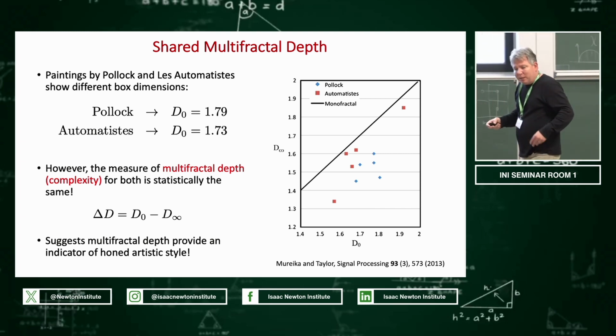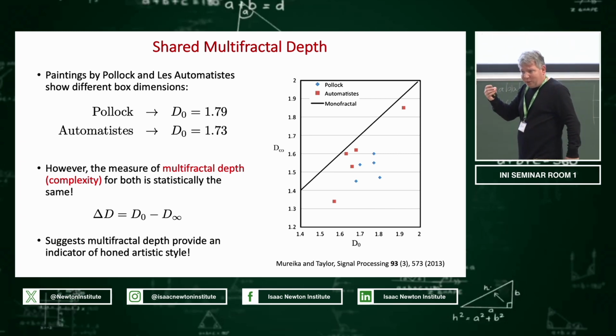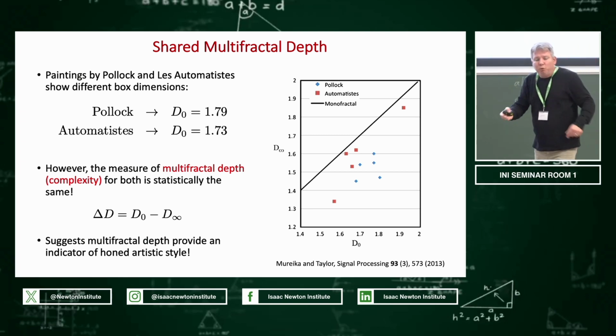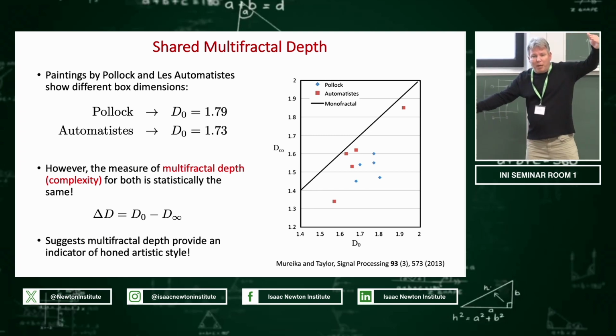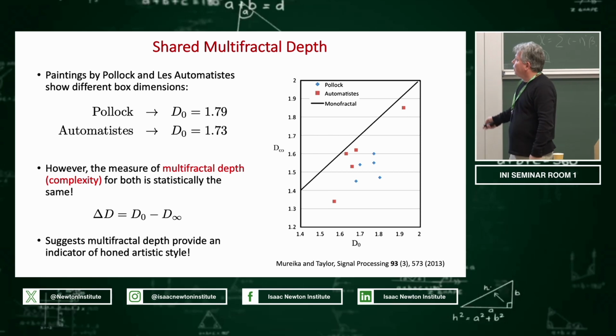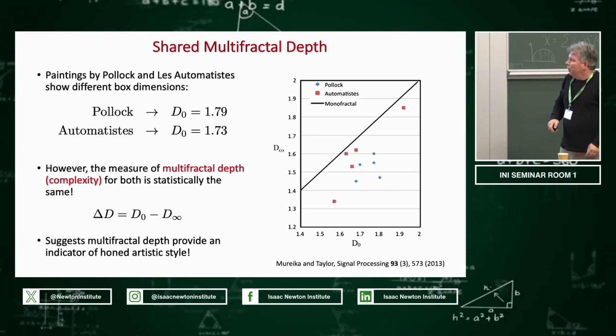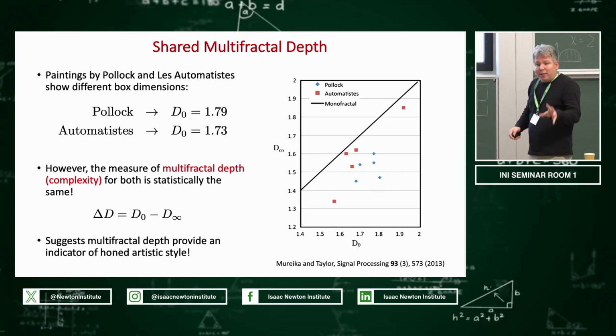And that suggests there's something different about the Pollock paintings from the fractal side than the Automatiste. But if you look at the whole range of that spectrum, you look at the multifractal depth, which we define as the difference between the fractal dimension and the D infinity dimension, those are actually the same.